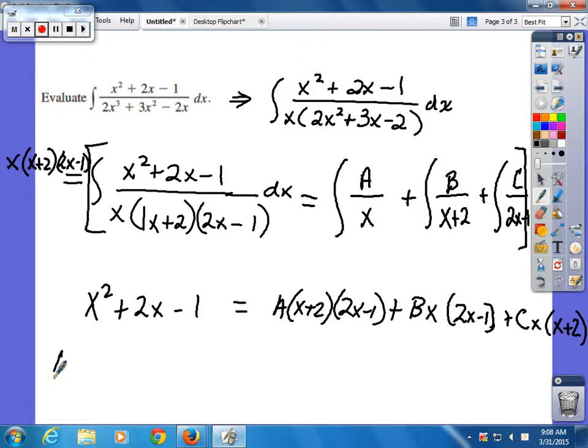So x squared plus 2x minus 1 is equal to A, and that's going to give you 2x squared, I'm seeing if anything cancels out, plus the minus 2x plus 4x would be 3x. I think we've already got that up here somewhere.